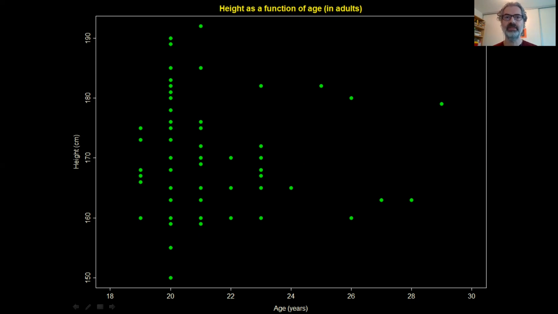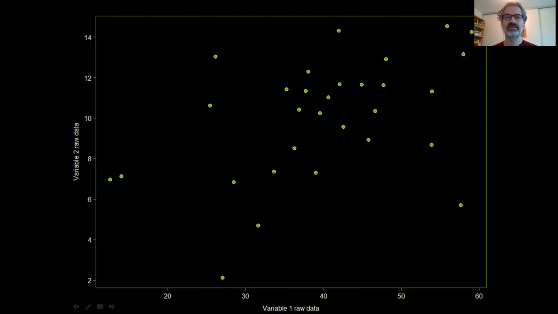To be able to see clearly the steps that are involved in calculating a quantitative index of association between two quantitative variables, it's easier to use a simulated data set. This is an artificial data set composed of 30 points. You can imagine that there are 30 children who are measured on two variables, so two kinds of tests.